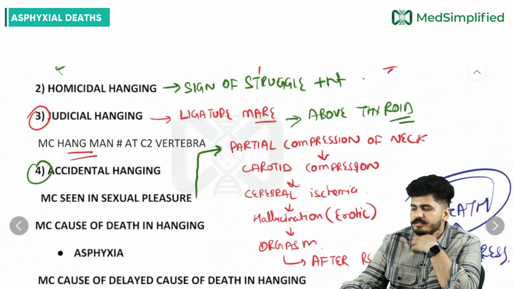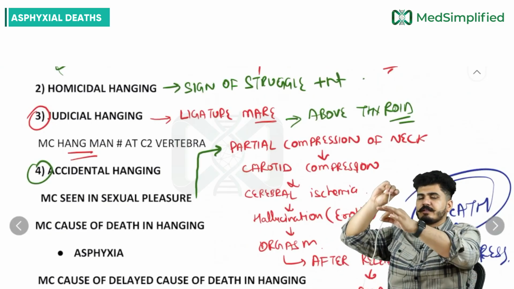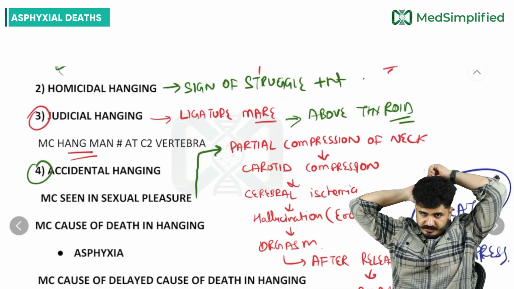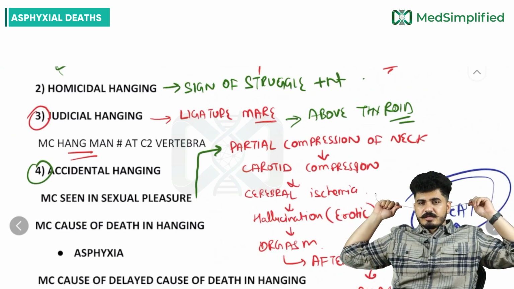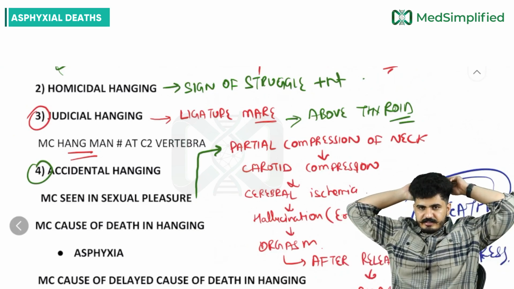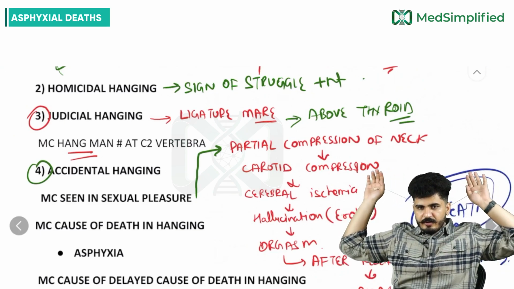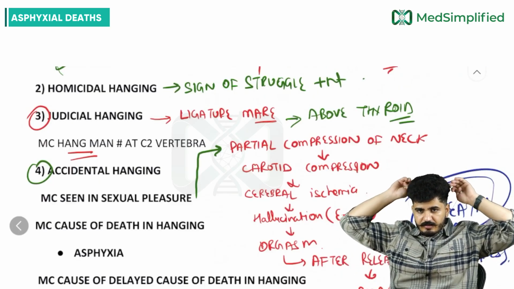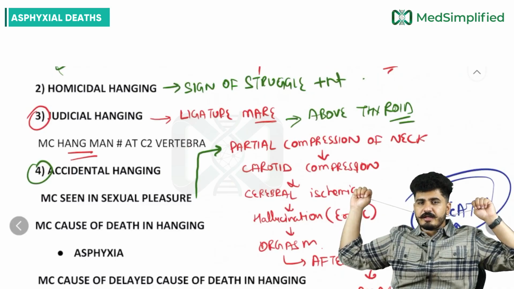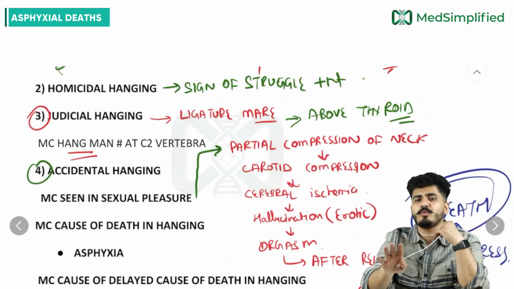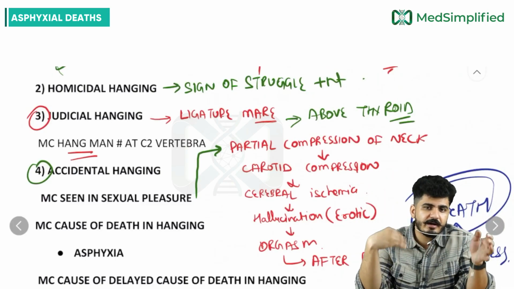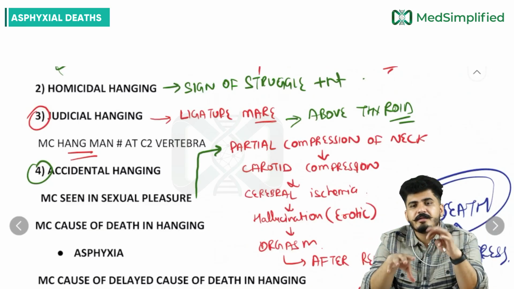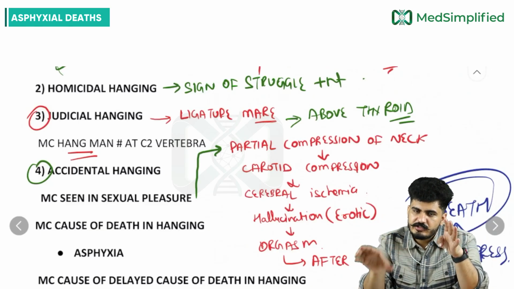Mostly the person has some material, and he is partially choking himself. Then after some time he releases the pressure, orgasm, releasing, orgasm, releasing. But one time, he just forgets. This can also happen with two partners: the female is demanding, choke me, and the male is very heavy, he is choking the female.